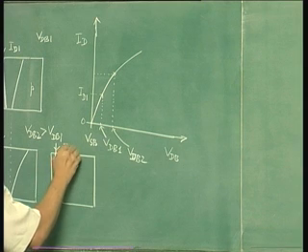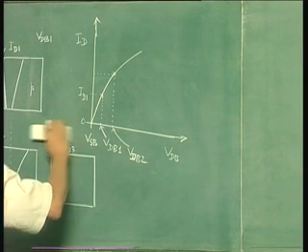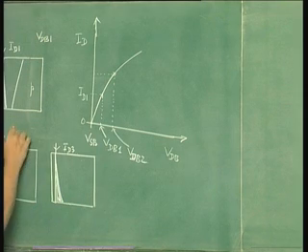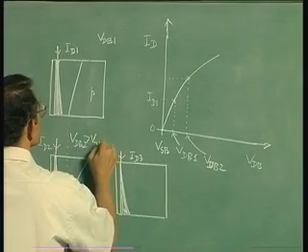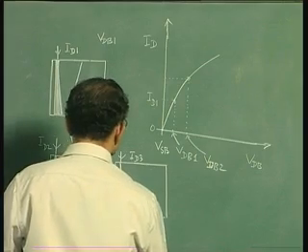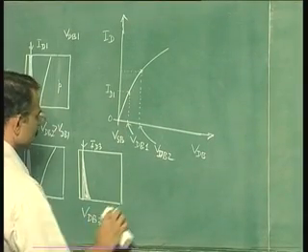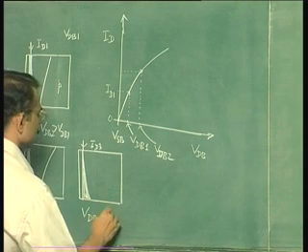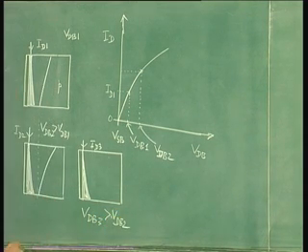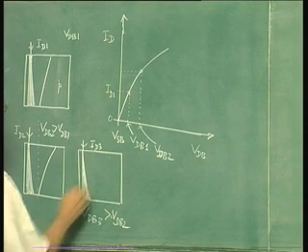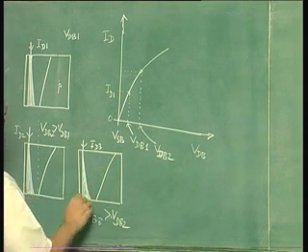So this is ID3. And this is VDB3 greater than VDB2, and of course your depletion region will be even more, so something like this.